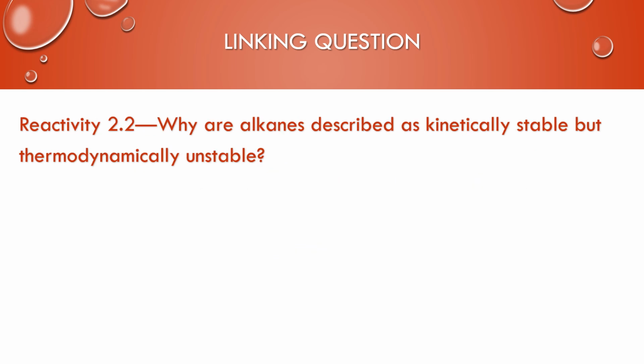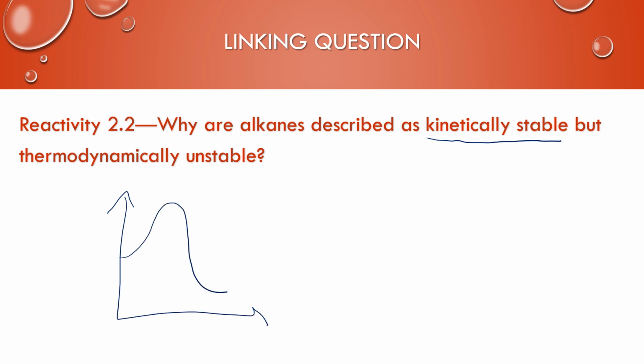And then this also links back to reactivity 2.2, why are alkanes described as kinetically stable but thermodynamically unstable. So alkanes can react, they are reactive, but they have a very high activation energy. So that's why they're called kinetically stable, because it takes a lot of energy to get a reaction started with an alkane. But they have a relatively high energy when we're talking about our reaction profile here.